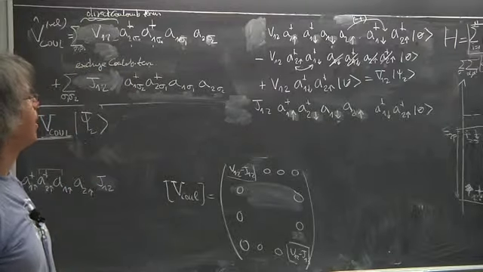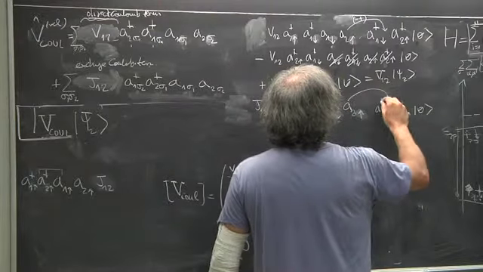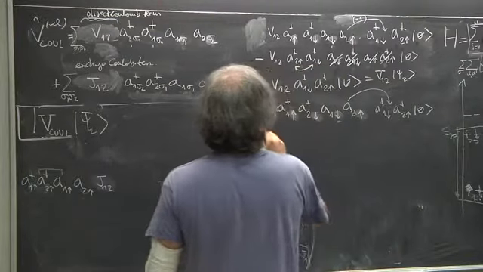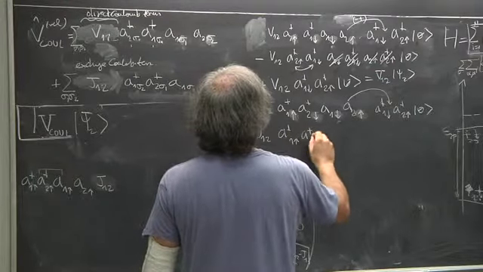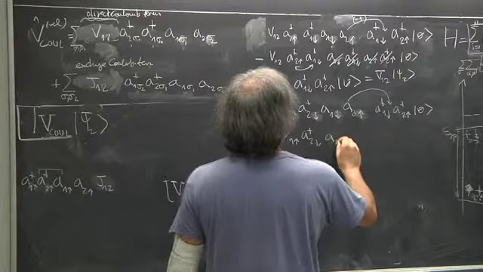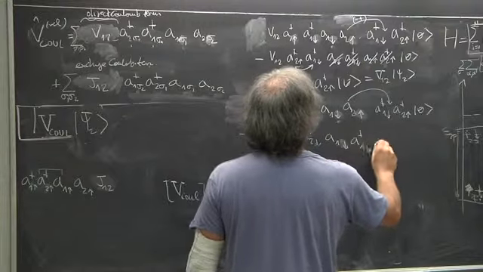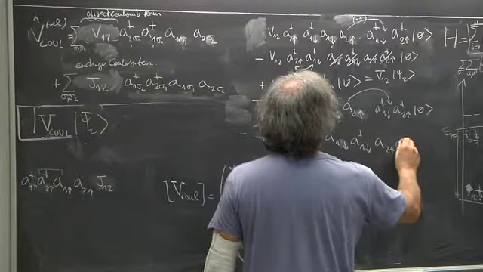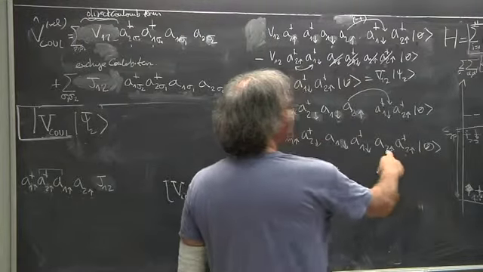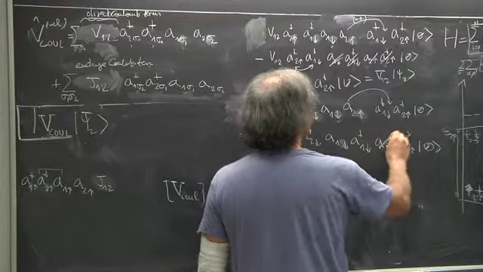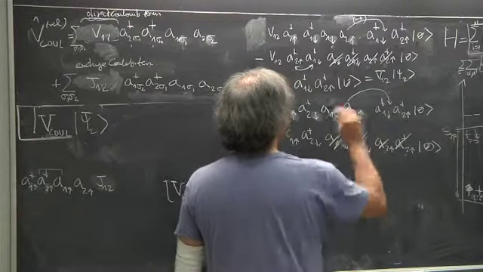Good. Okay. Usual thing. Pay a price. Bring this there. Okay? So minus J12, A dagger 1 up, A dagger 2 down, A1 down, A dagger 1 down, A2 up, A dagger 2 up, vacuum. Create and destroy 2 up. There you go. Create and destroy 1 down. There you go.